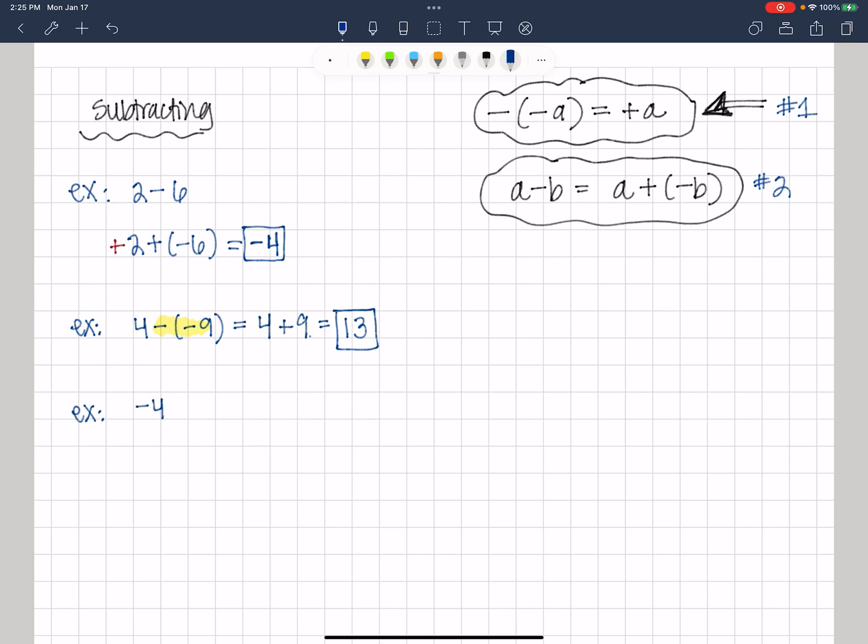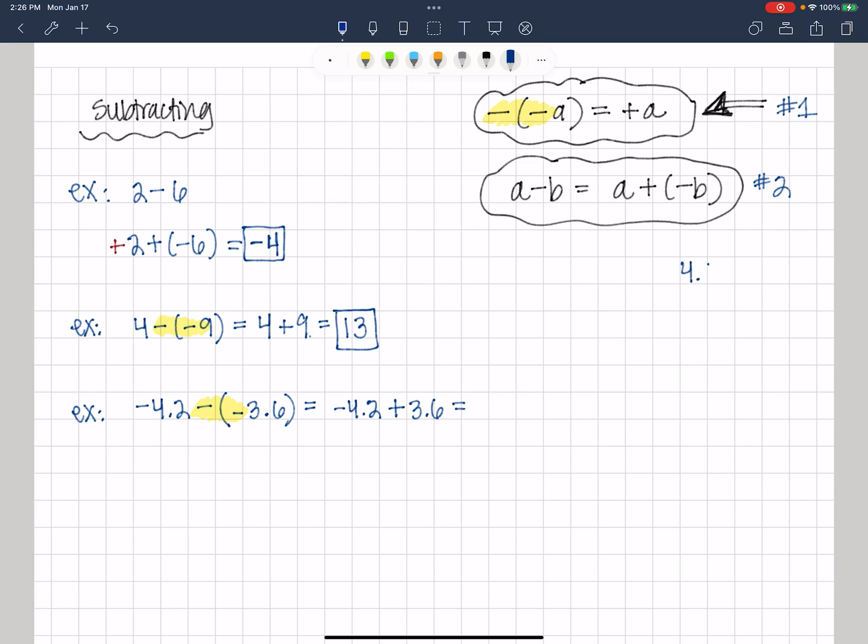Here we have negative 4.2 minus negative 3.6. We're going to use rule number 1. Minus a negative, or the opposite of a negative, is a positive. Negative 4.2 stays, but minus a negative becomes a positive 3.6. Negative 4.2 plus 3.6.